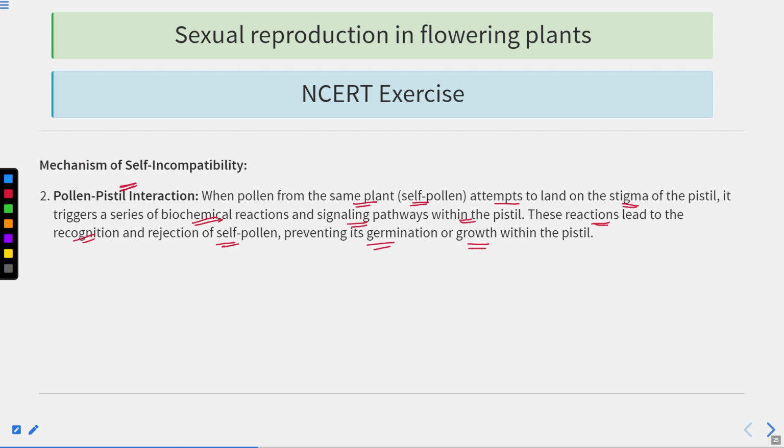Clear? There are some receptors present on the pistil that will recognize the chemicals released by the pollens. Whenever the pollen lands on the stigma, it triggers biochemical reactions and signaling pathways that are involved in the recognition or rejection of the self-pollen.